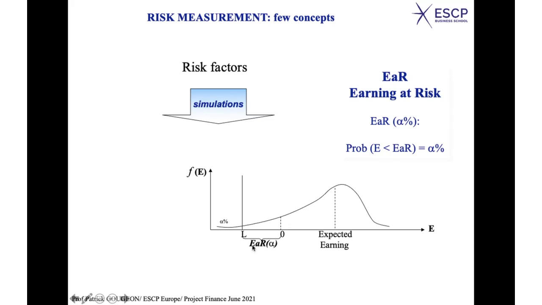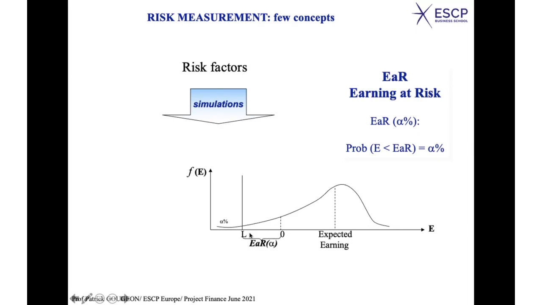You take alpha%, and you find the limit which corresponds to alpha% for the left part of the curve. So you look at the lowest possible earnings, and when you reach alpha% under the curve, you determine this limit, L here, which is the earning at risk. The earning at risk is this level here, the position of L.